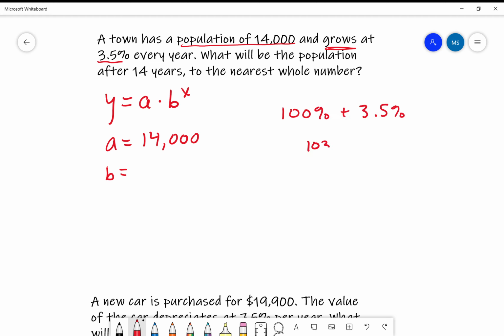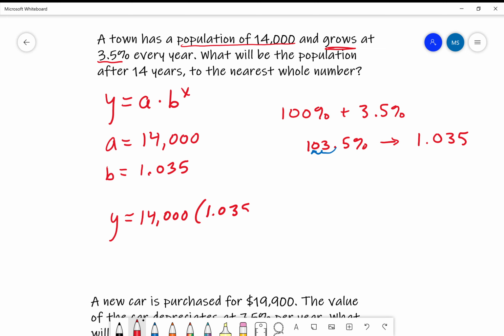Here we'll get 103.5%, and then we convert that to a decimal, 1.035. Again, we're just moving that decimal point 2 over. So we've got our base now, that's 1.035. So we can create that exponential function now that we have a and b. a is 14,000, b is 1.035 to that x.